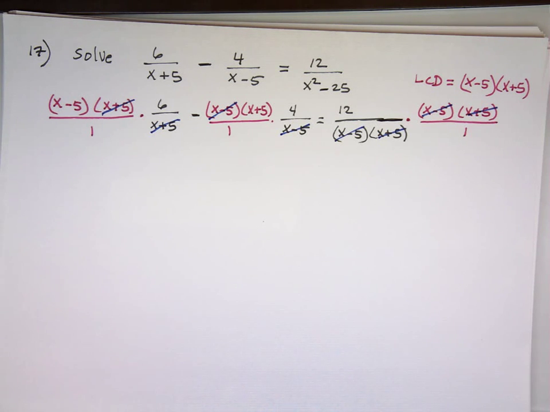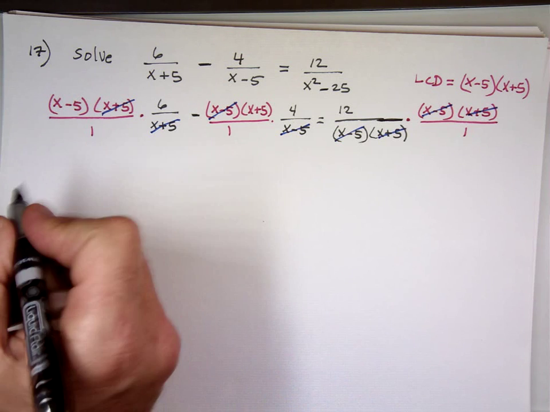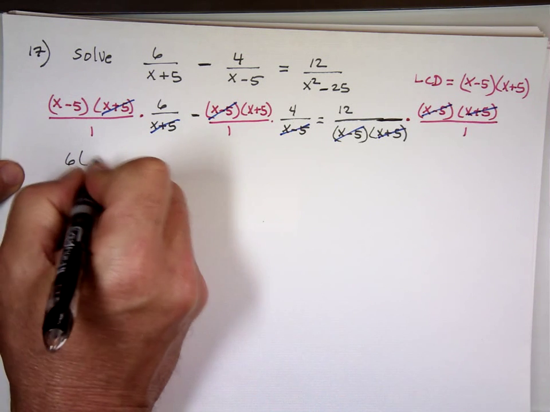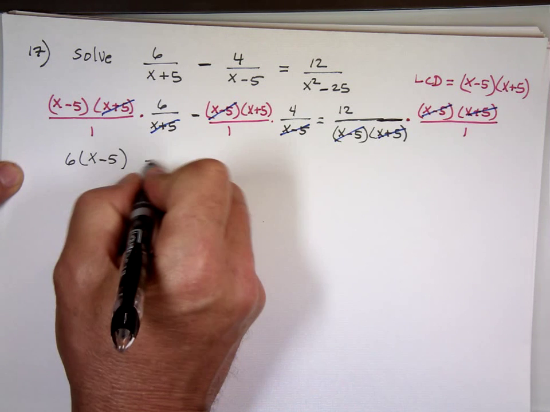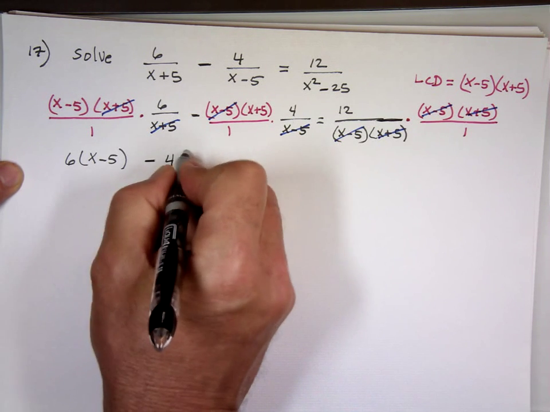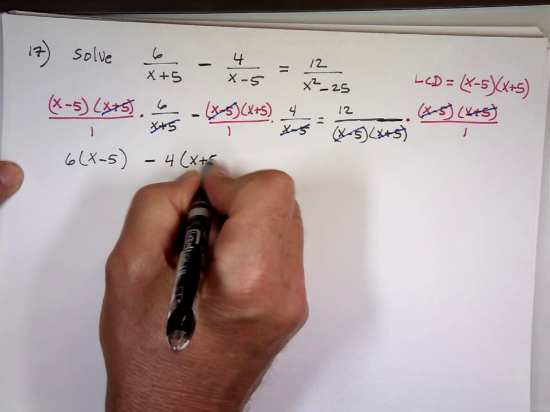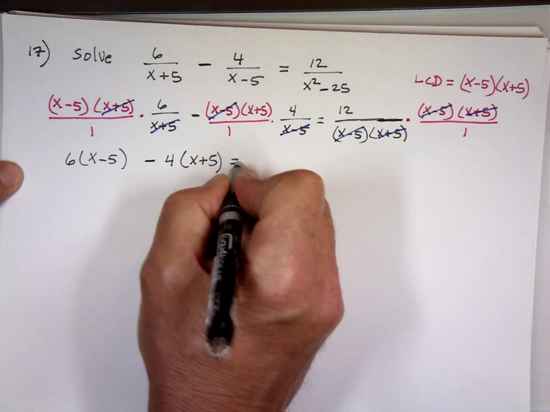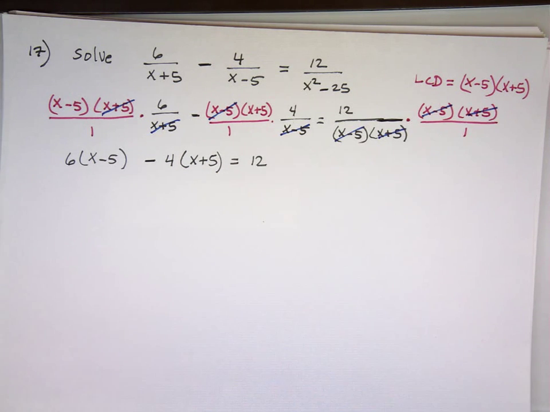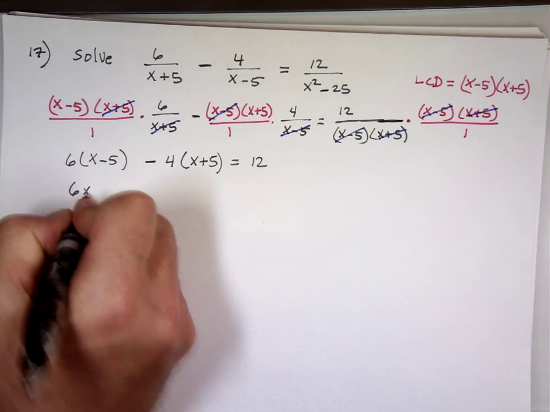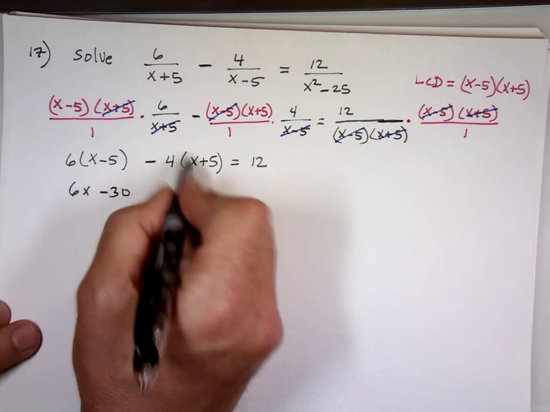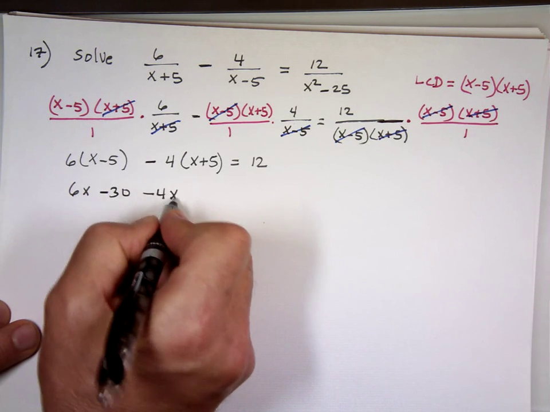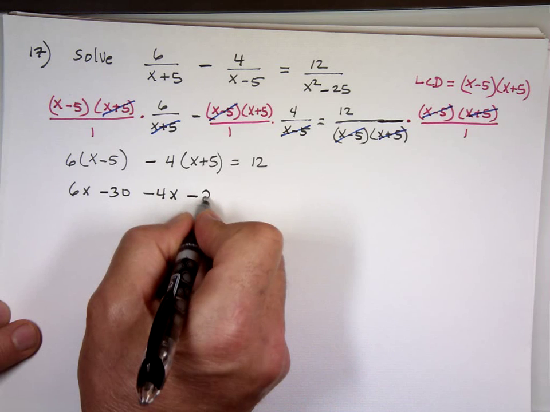I have 6 times x minus 5 on this side, minus 4 times x plus 5 equals 12. 6x minus 30, negative 4x, negative 20 equals 12.